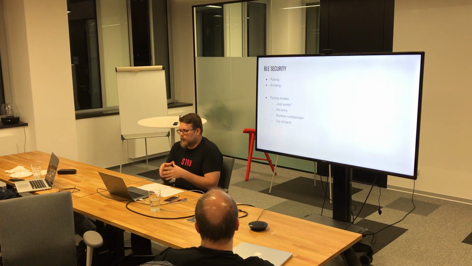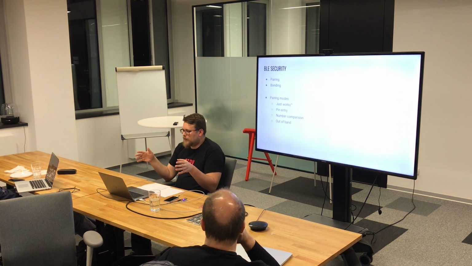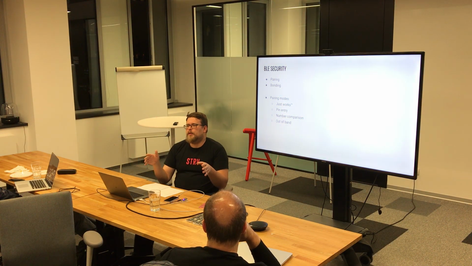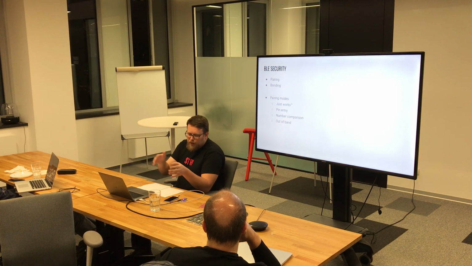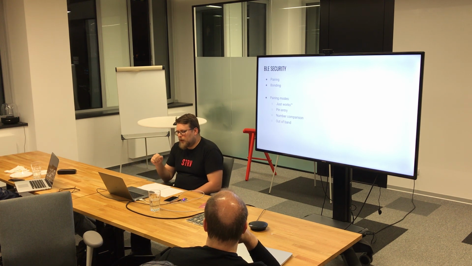And then there is bonding. After you are paired and the encryption keys have been exchanged, the device, iPhone and also the BLE device, will store those keys so that you don't need to pair again when you connect to the device.